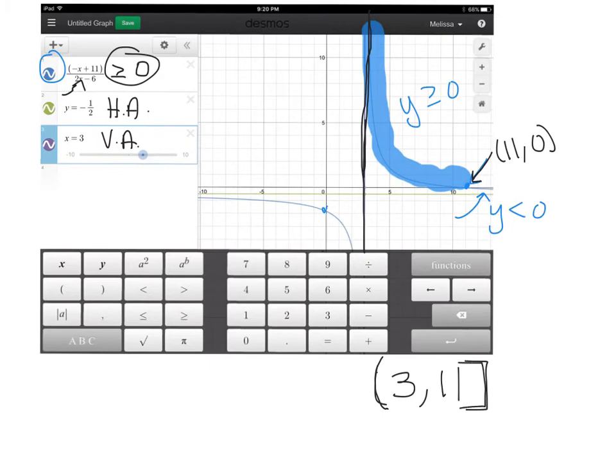So our solution is parenthesis 3, comma 11 with a bracket, and that is the solution to this rational inequality. That would mean that C is your solution to the multiple choice question.